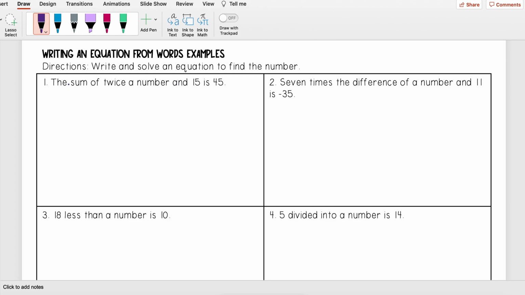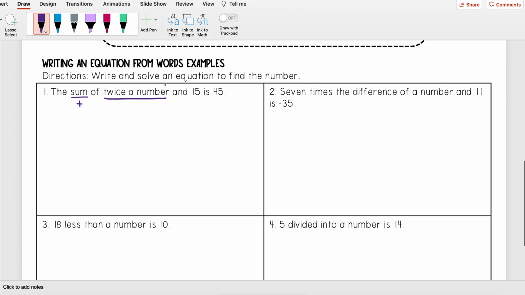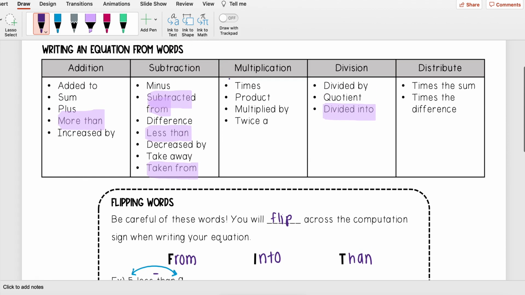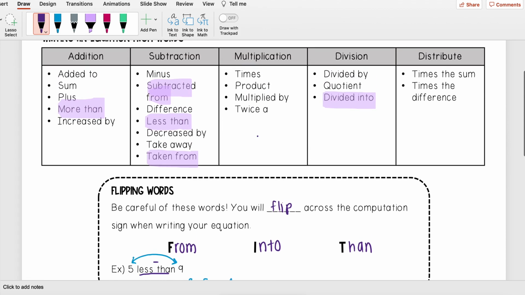So reading through this, I see it says the sum of twice a number and 15 is 45. The first keyword that I notice is sum, and we learned in our first video that really just means addition. Then it says twice a number. I do know that twice a means multiplication. We see that in our table here.